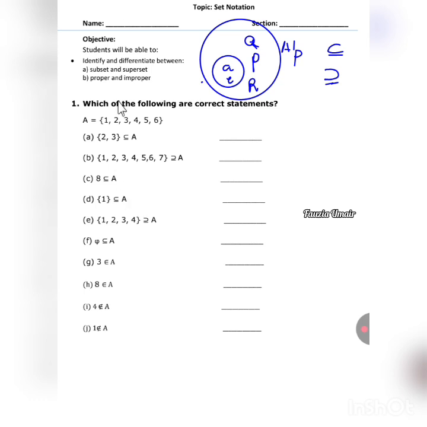So let's start the first question, keeping in mind that this is the symbol of subset and this is the symbol of superset. Now we will logically see which of them are correct and which are incorrect.